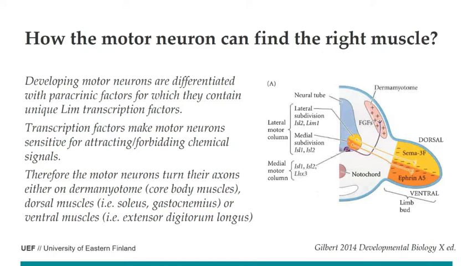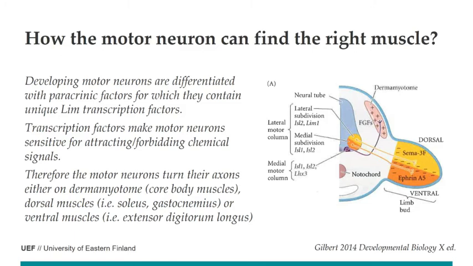And then these motor neurons turn their axons either toward certain places or avoid some other places. And that's why we can get axons to the core body muscles, or the dorsal muscles, or the ventral muscles. So our central nervous system somehow knows that these cells are motor neurons to regulate this and this kind of muscle.